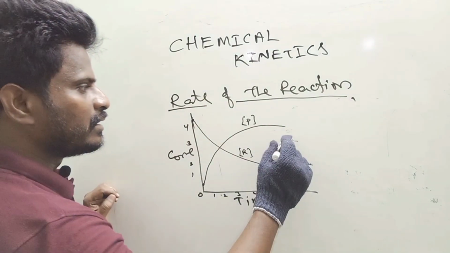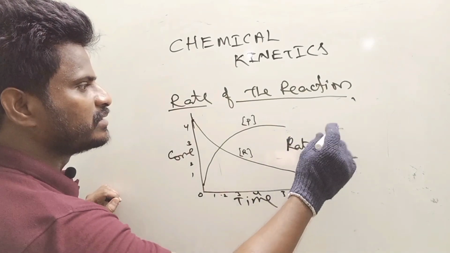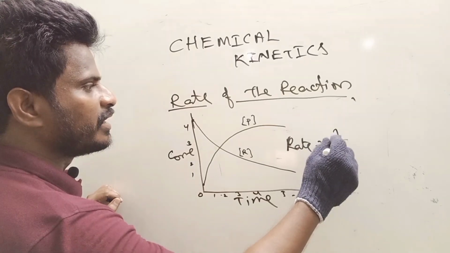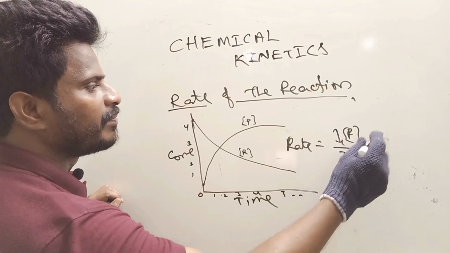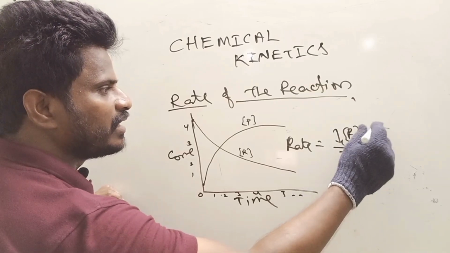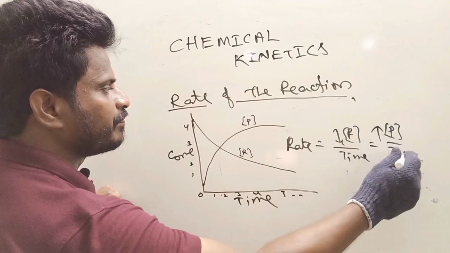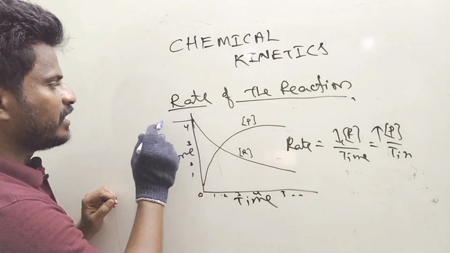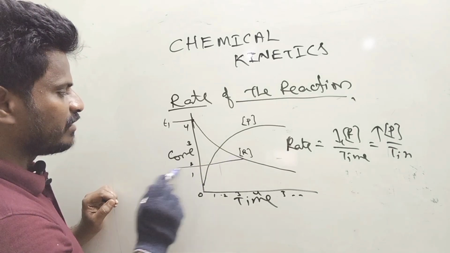So then rate is equal to the decrease in concentration of reactant by time, and the increase in concentration of product by time. So it is the initial time T1 and the final time T2.